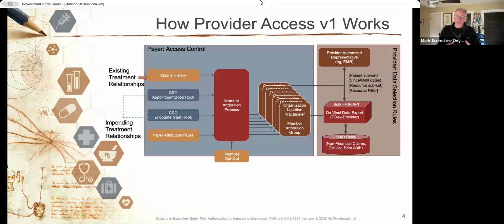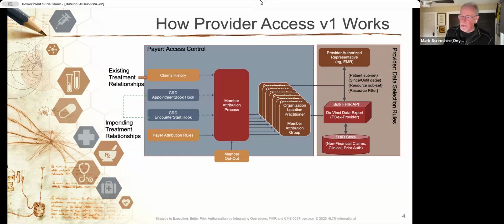Well, if you think, then what's the default action in the data export? If someone doesn't do anything and just says, I want a data export, it basically says, give me everything for everyone. Now, that's when you're talking about attribution lists where you could have tens of thousands of members.